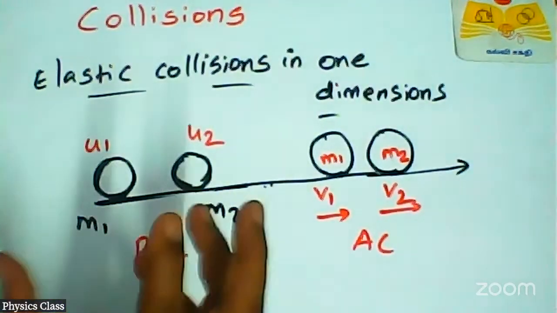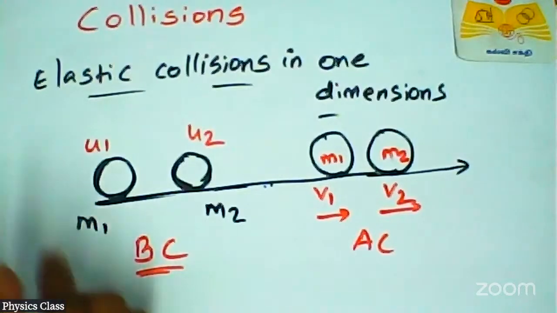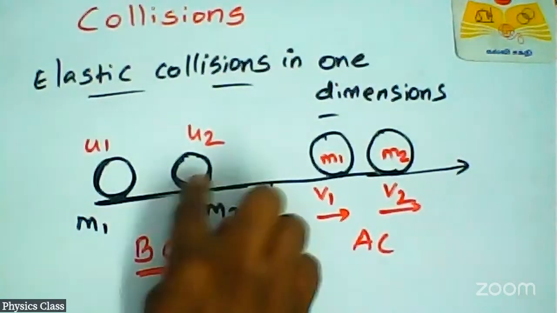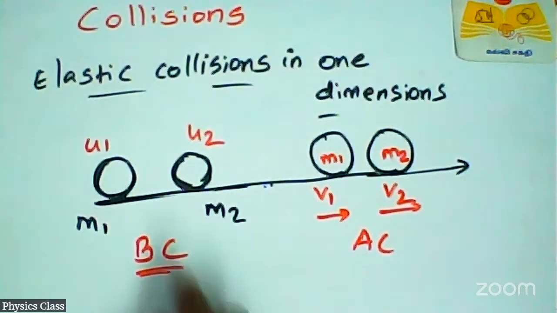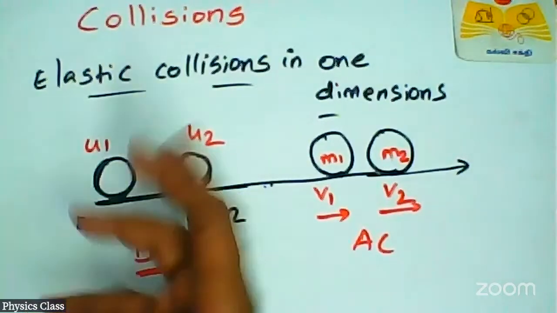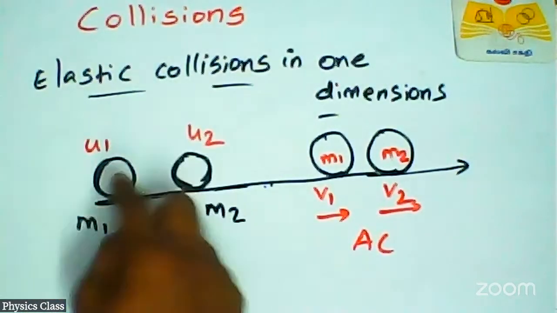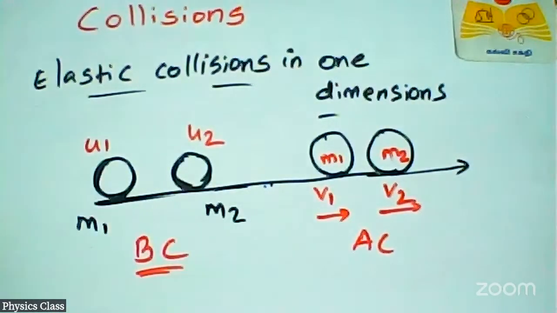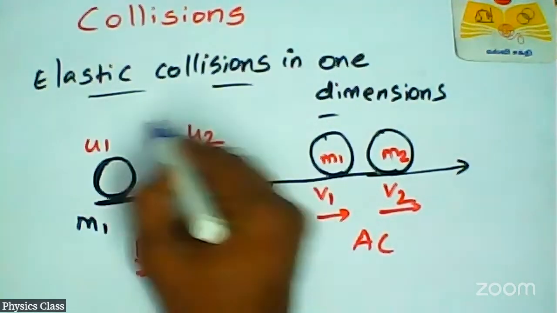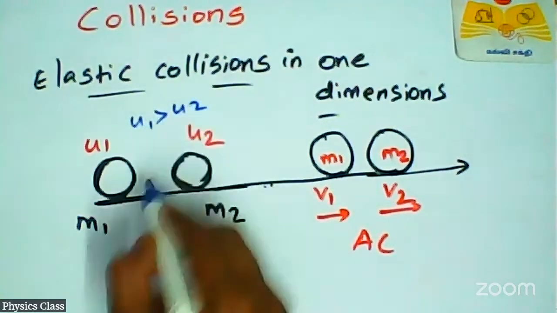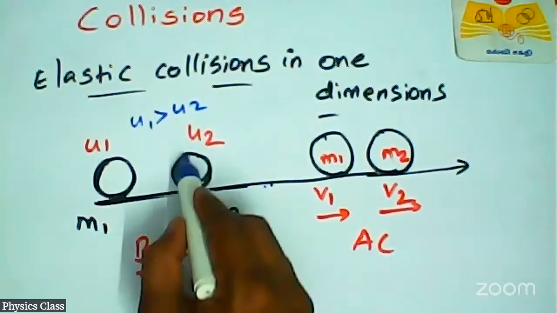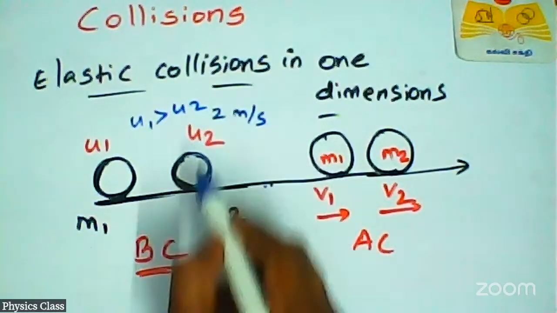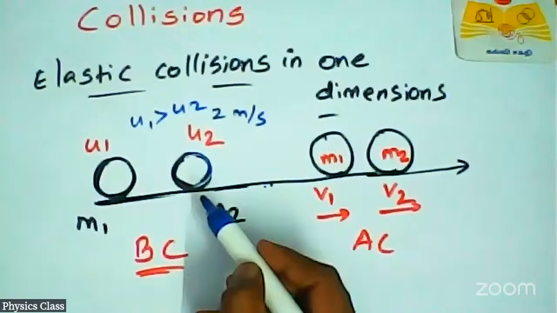In order to have a collision, we assume that mass m1 moves faster than mass m2. If m2 had a larger speed, it would move ahead and m1 would follow it. So we consider u1 greater than u2, and only then will a collision happen. Why is u2 converted into v2?